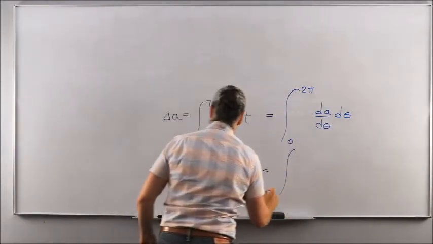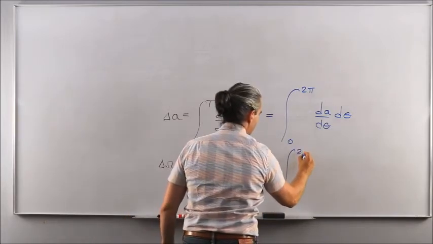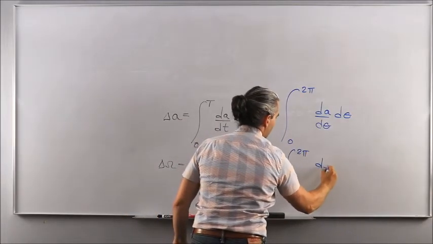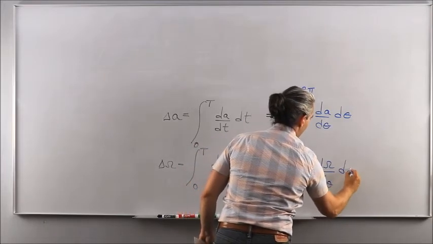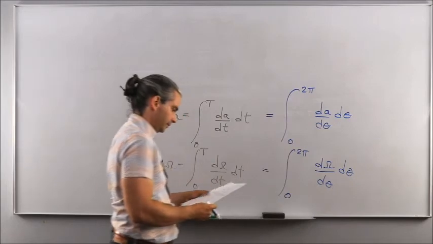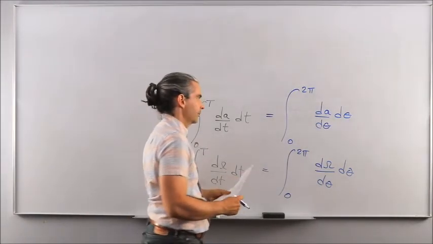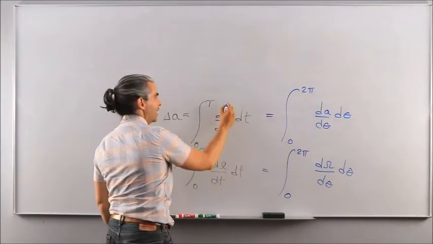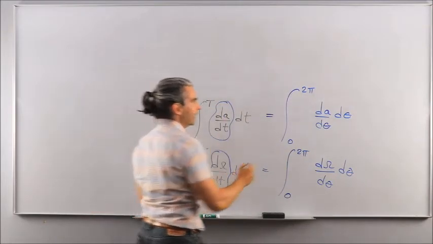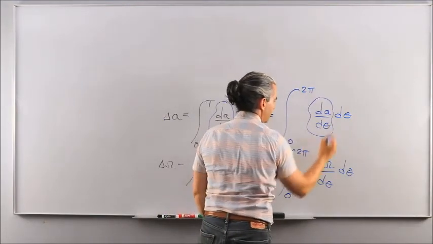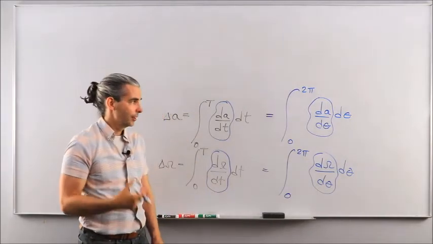And similarly for any other orbital elements, here I just use RAAN as the example, 0 to 2 pi of d RAAN d theta over d theta. But gee, it was so nice here. We had already expressions for these terms. Here we don't have any clues about what they are. These are not the Gauss Variational equations in any way, shape, or form.